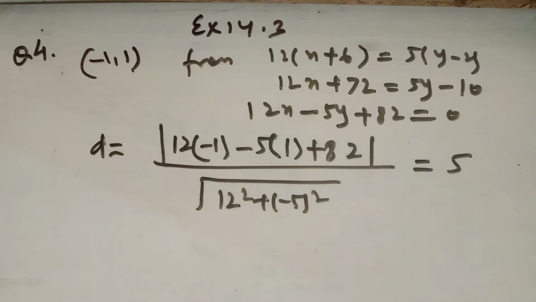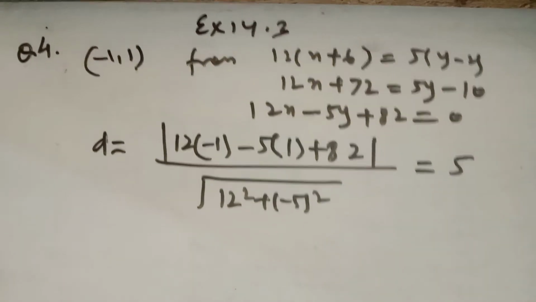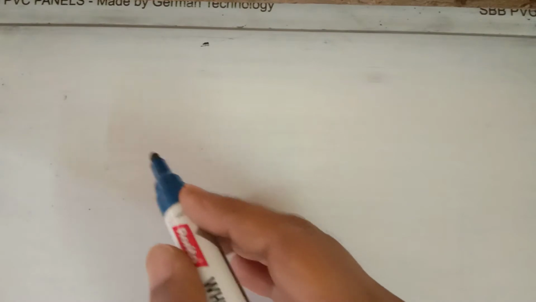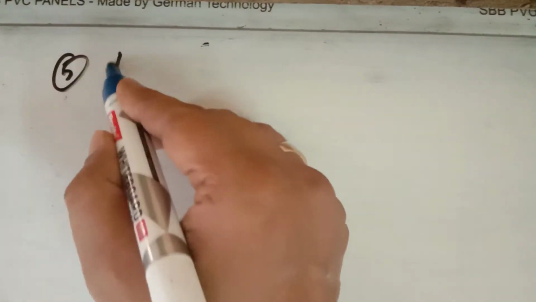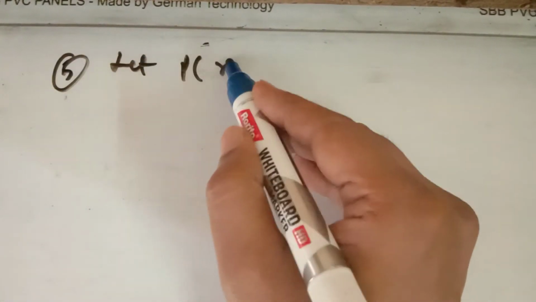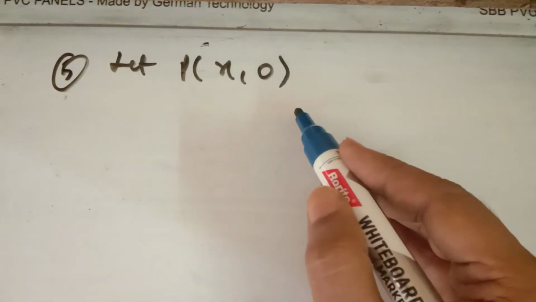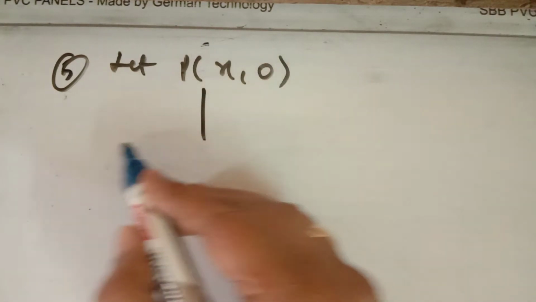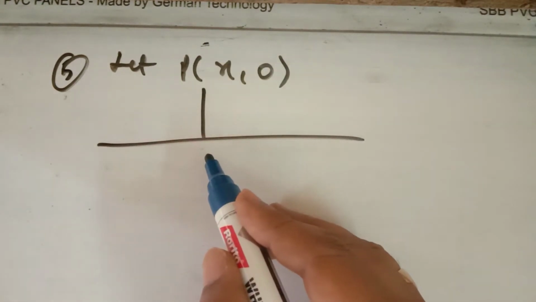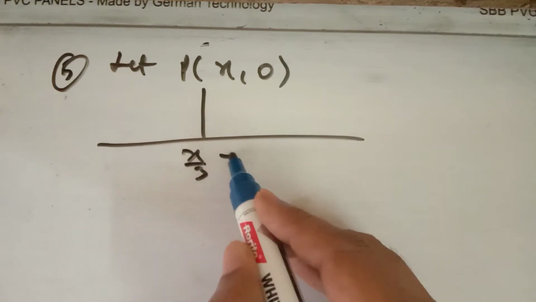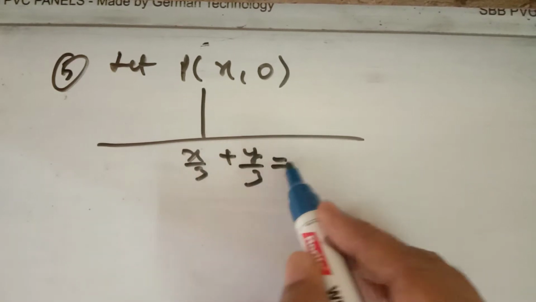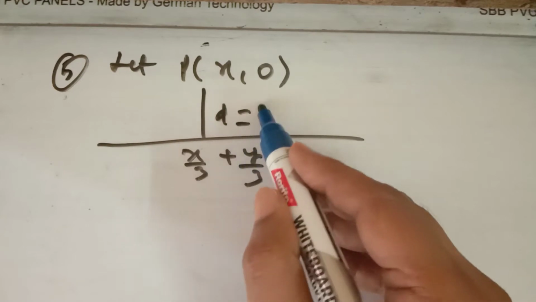In question number 5, you have to find the point on the x-axis, which you take as x0, whose distance from the given line, which is written in the intercept form, is given as equal to 4.